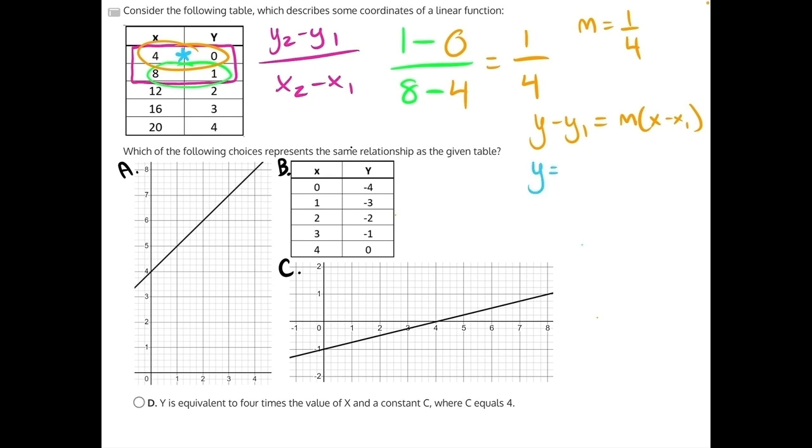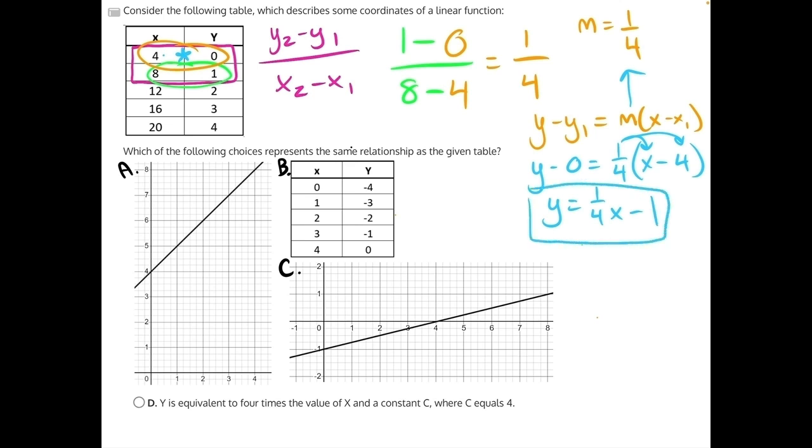Y minus 0 is equal to m, which is 1/4, times x minus our x value, which is 4. Y minus 0 will just give us y, is equal to 1/4 times x is 1/4 x, and then 1/4 times a negative 4 will give us a negative 1. So here is our equation.